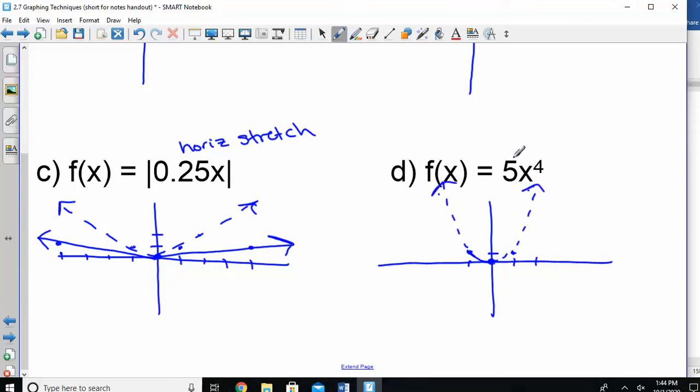Okay, what's the 5 going to do? So it's like multiplying your y's times 5. So 0 times 5 is still 0. 1 times 5 is 5. And then over here, that's 5 as well.